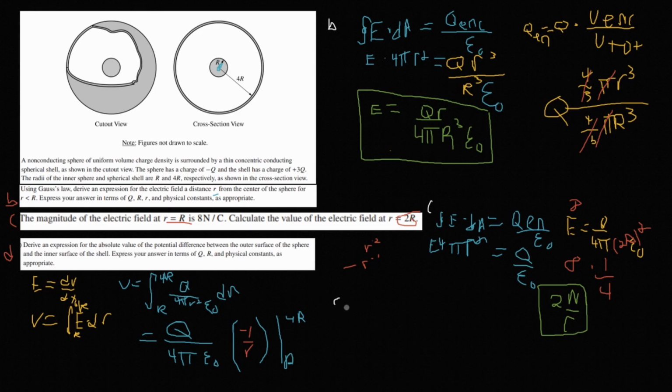So that's Q over 4 pi epsilon naught times negative 1 over 4r.